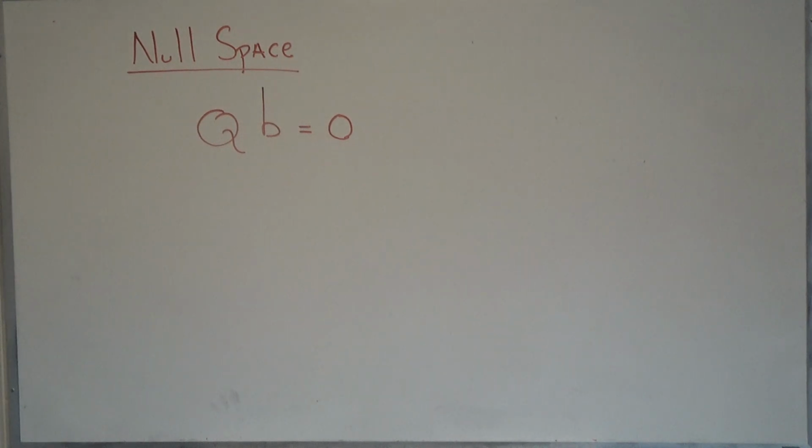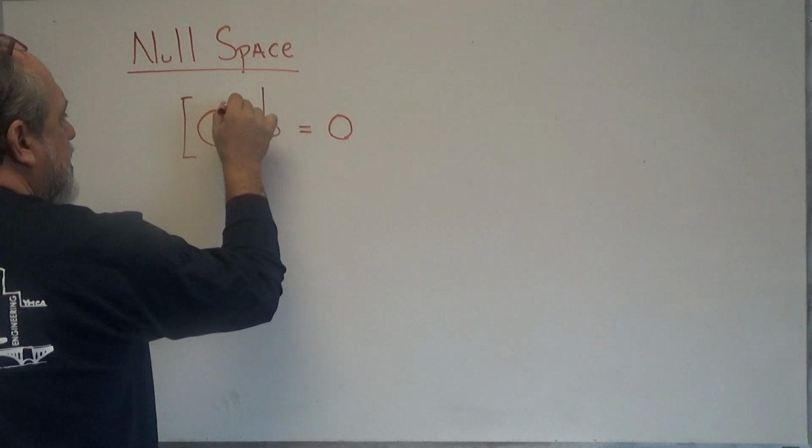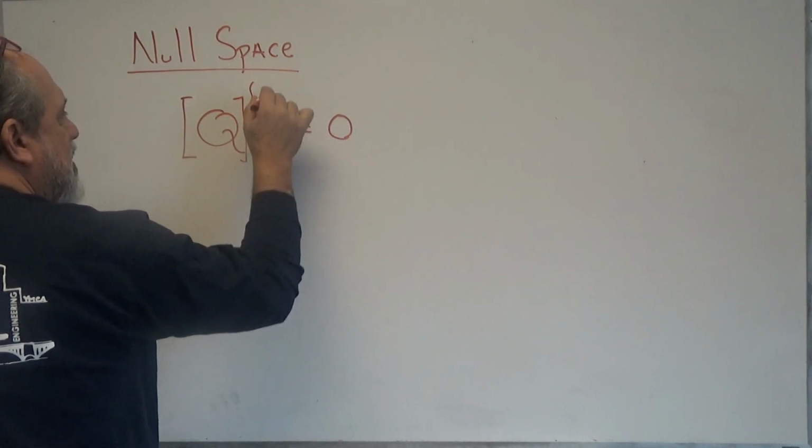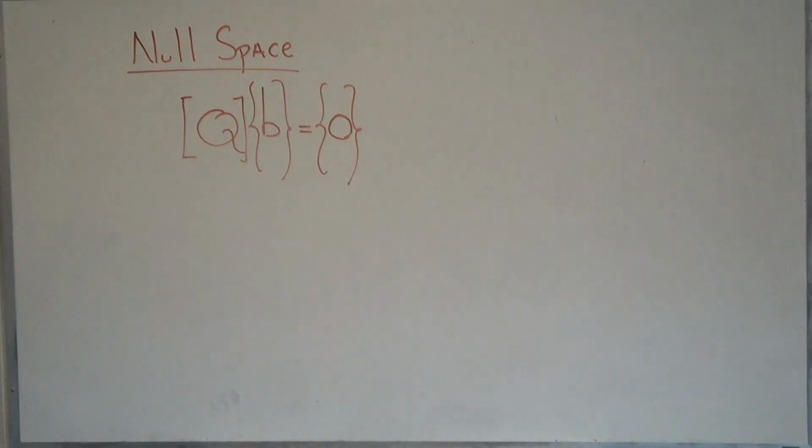Okay? Now, of course, I'm using notation in the sense that Q is a matrix, B is a vector, and this zero that I have here is also a vector, right? So you're going to grant me the fact that not always will I make these brackets and so on, but it's understood that Q is a matrix and B is a vector.